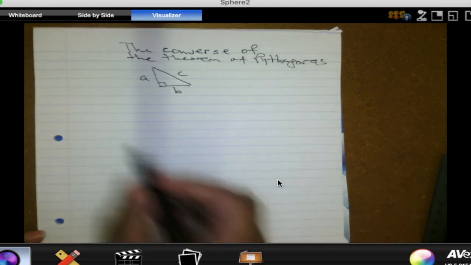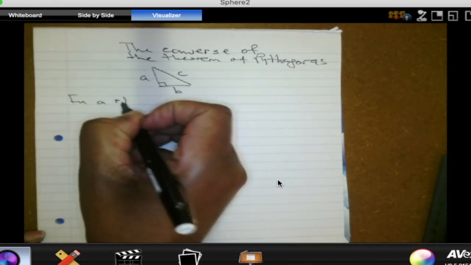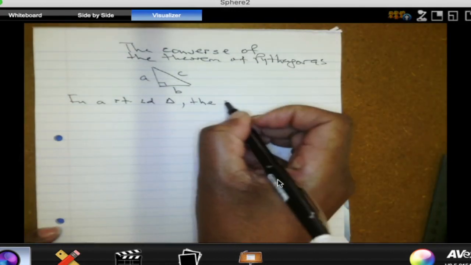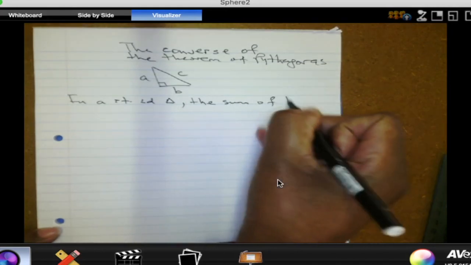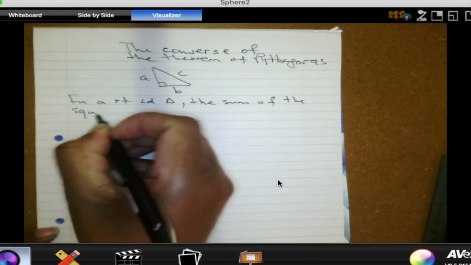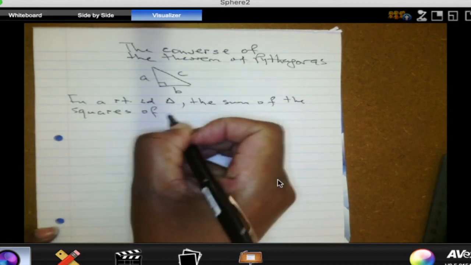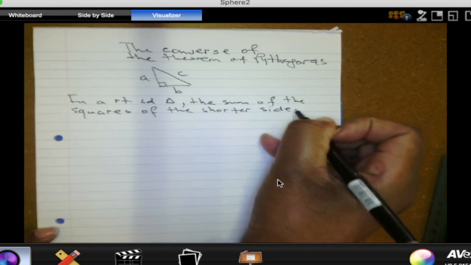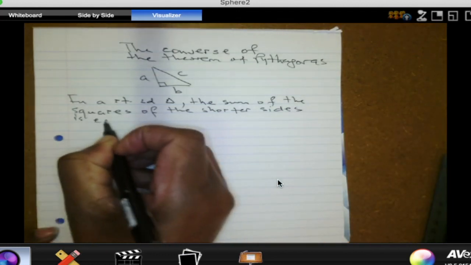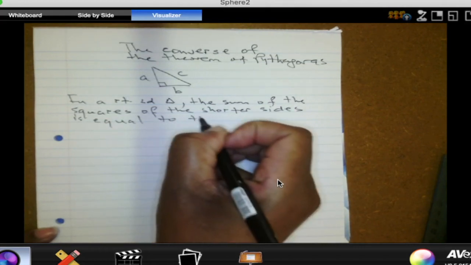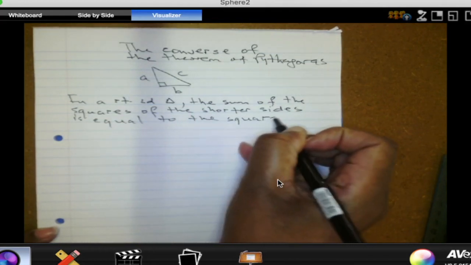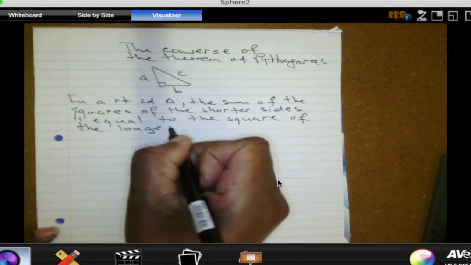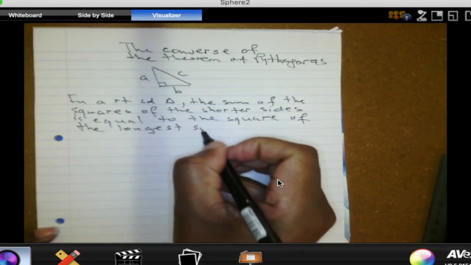So the theorem states that in a right-angled triangle, the sum of the squares of the shorter sides is equal to the square of the hypotenuse, or of the longest side.